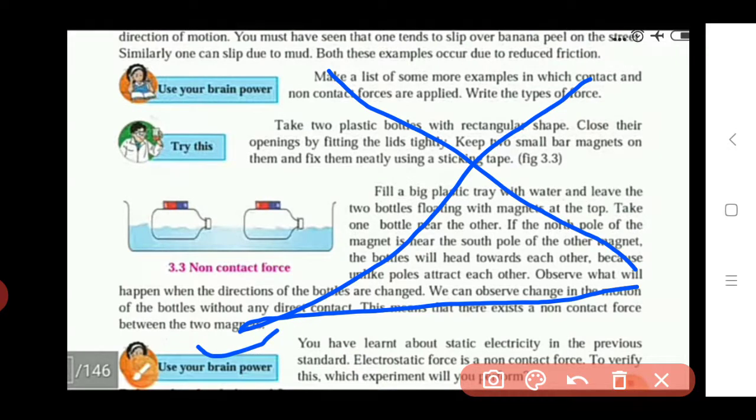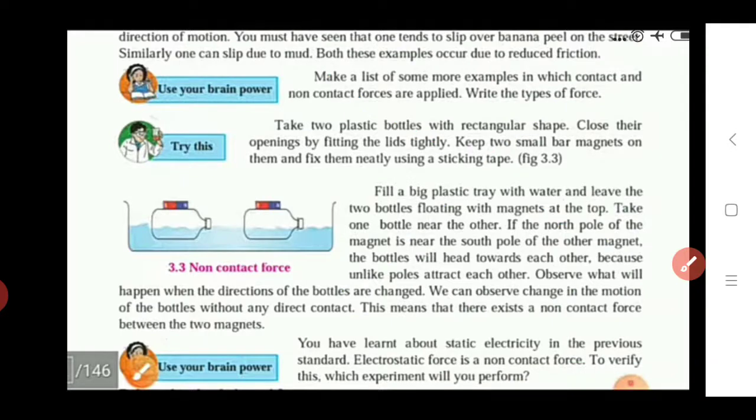will be present in your syllabus. So here we see which type of force. First we see what force is, then we see there are two main types of forces, the contact force and the non-contact force. And we see some examples included in contact and non-contact force.